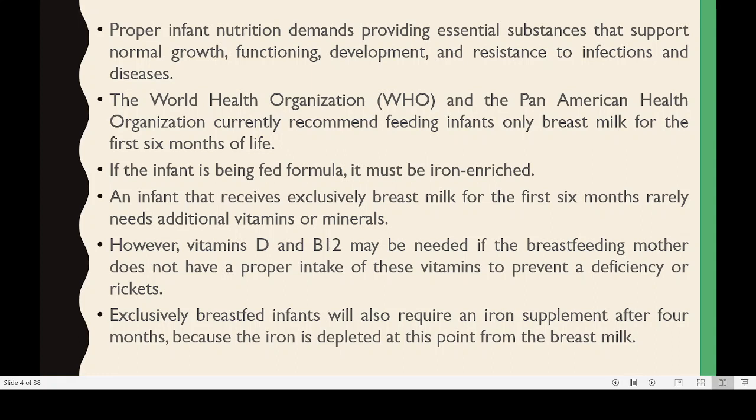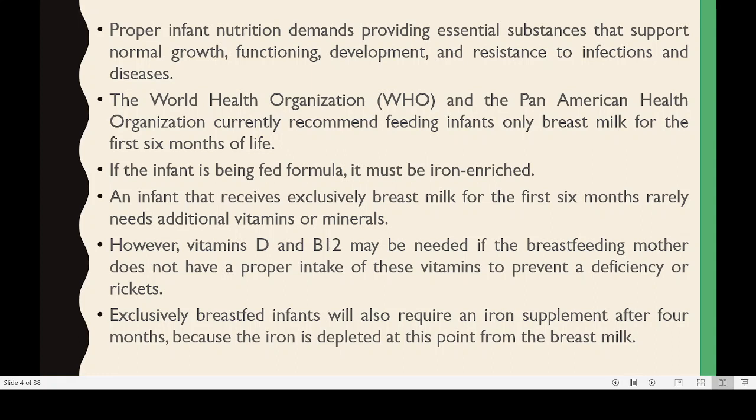In the absence of these vitamins, calcium intake may not take place properly, and the development of bones and teeth may be affected. That will lead to rickets. So rickets is normally caused by the deficiency of vitamin D and vitamin B12.